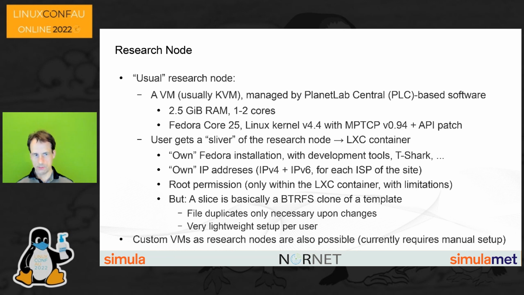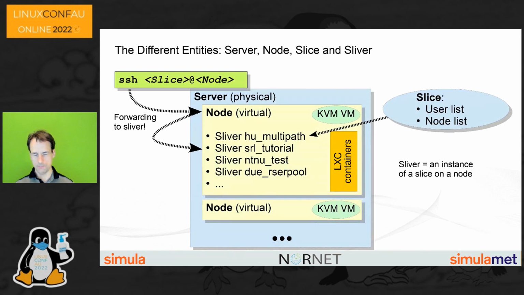Of course, besides the PlanetLab Central software, it's also possible to instantiate custom virtual machines, for example machines running FreeBSD or a more up-to-date Ubuntu system, or systems with their own kernels, if this is necessary for your research experiment. But usually for many experiments it is already possible to run this PlanetLab Central based software.